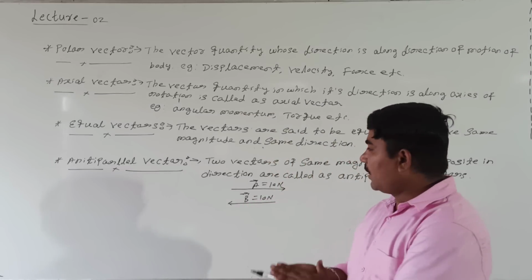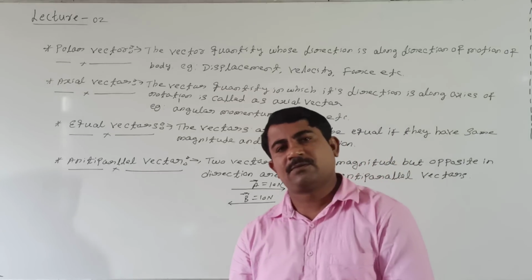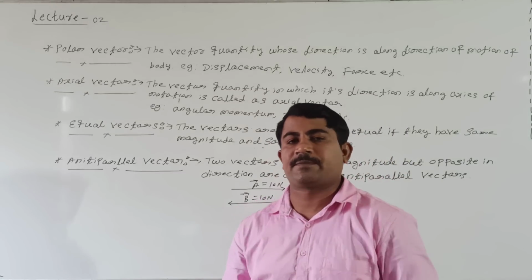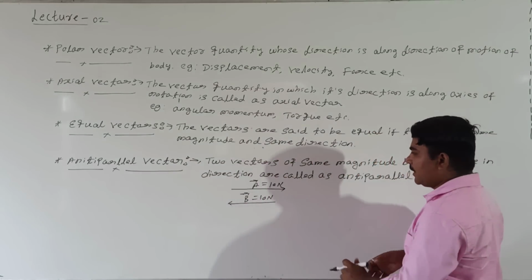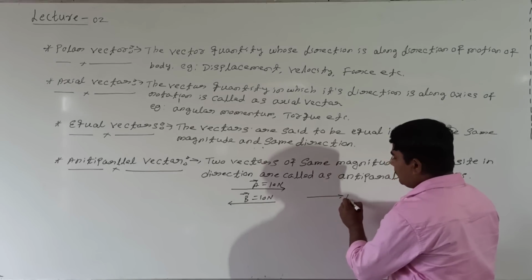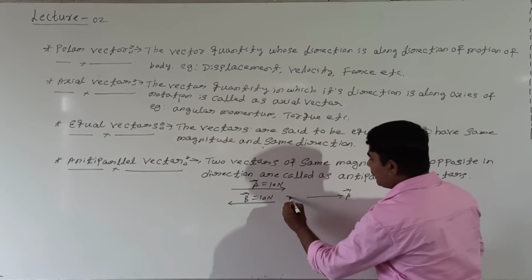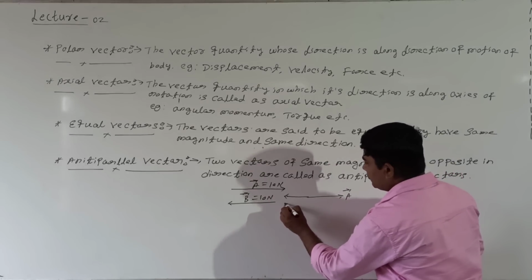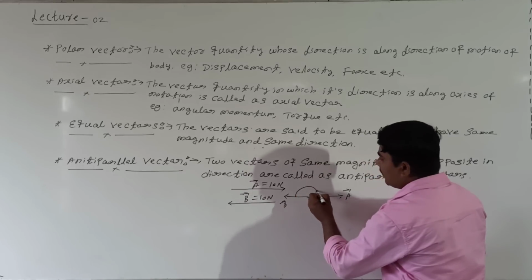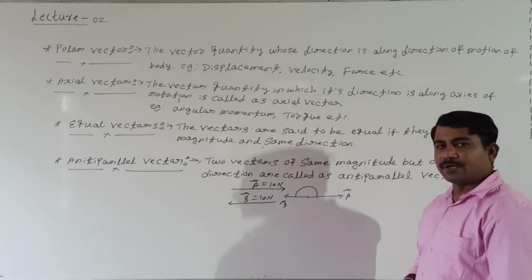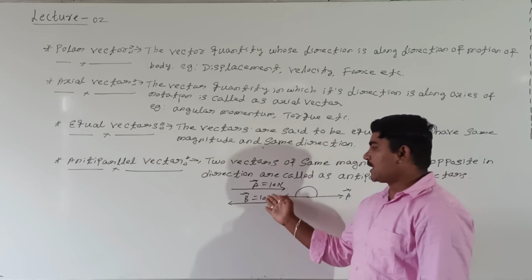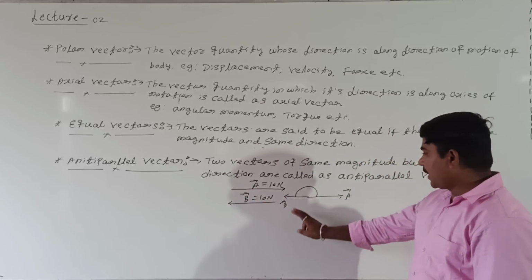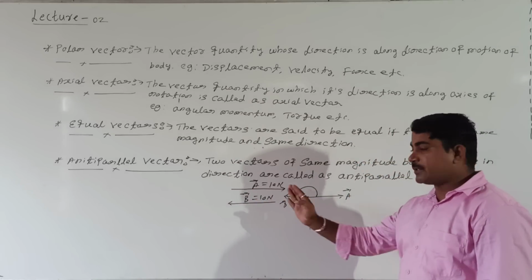Then for anti-parallel vectors, what about the angle between the two? Let me show it in one more manner. If this is one vector A and this is another vector B, what is the angle between them? That is 180 degrees. Two vectors are opposite in direction but the same magnitude.